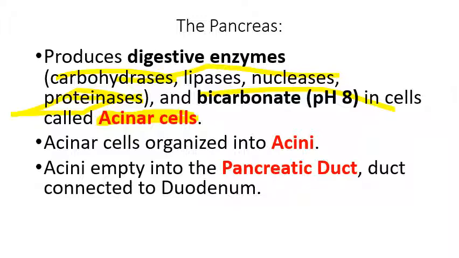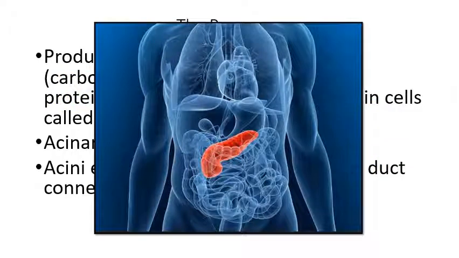Okay, so the acinar cells are organized into little circular units that are called acini. The acini kind of line the pancreatic duct so that they dump their contents into the pancreatic duct, which then dumps them into the duodenum. So there is the pancreas behind the stomach.